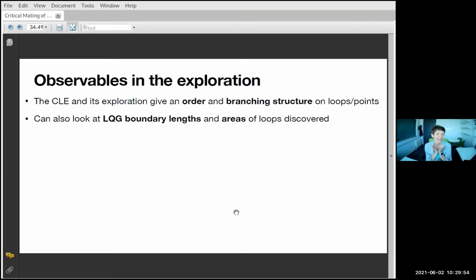Right, so now finally, as promised, I can get on to describing the correspondence with the Brownian half-plane excursion. So what I described on the previous slide is, that if we have a CLE4, we can use an exploration procedure of this CLE4 to give an order, a branching structure on points in the disk or on loops that we discover in the CLE4.